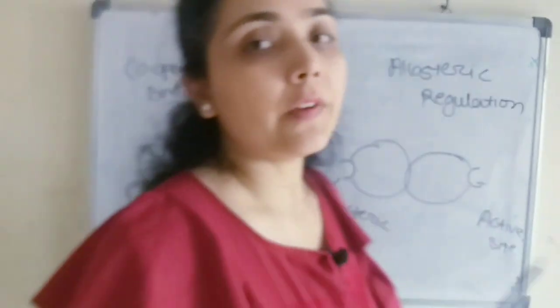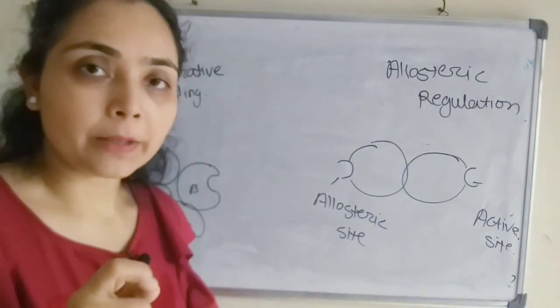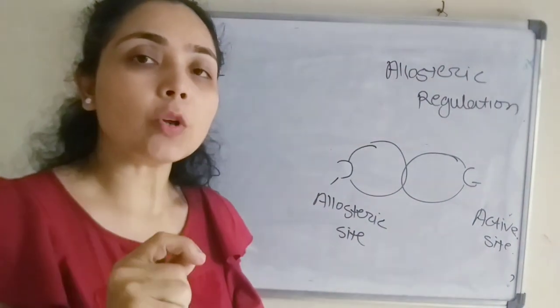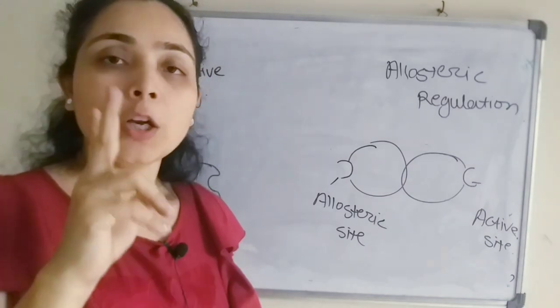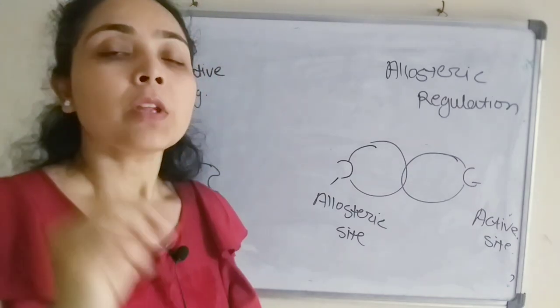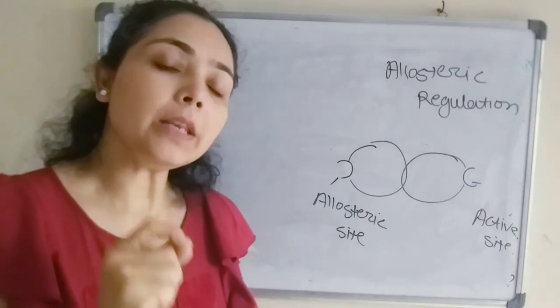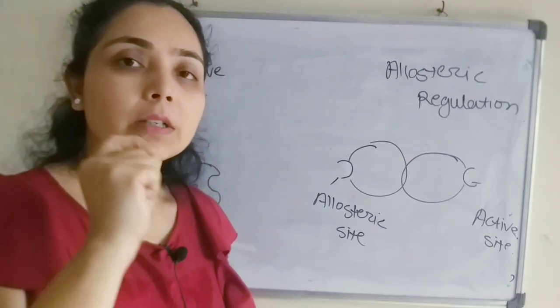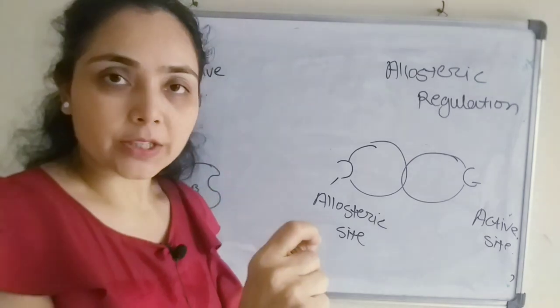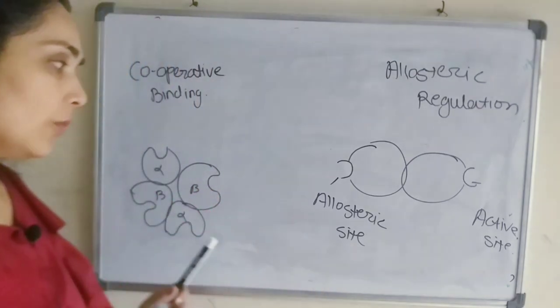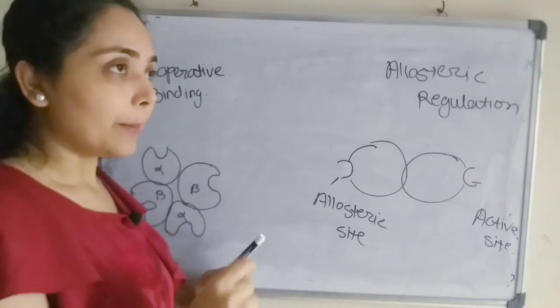For the cooperative effect, we will take the example of hemoglobin. We just discussed that hemoglobin has 4 polypeptide chains, 2 alpha and 2 beta chains. And what is the main function of hemoglobin? The main function of hemoglobin is the transport of oxygen. So what happens here?